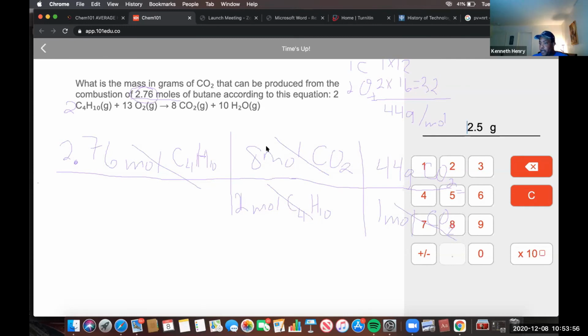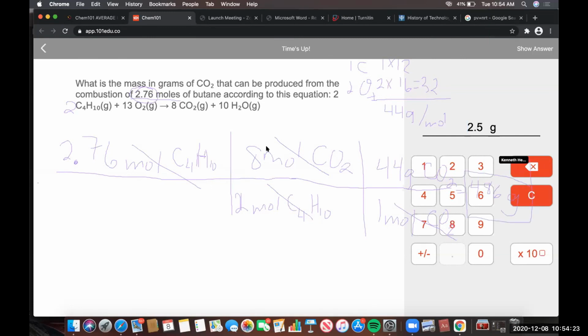No, I'm not saying that you got it wrong. That seems about right. So if you have 4 times 44 times 2.76, 485.76. So 3 sig figs, so it'd be 486, right? Yeah. Yep, that 2.5 is way off, right? Yeah. I don't know how I got that.